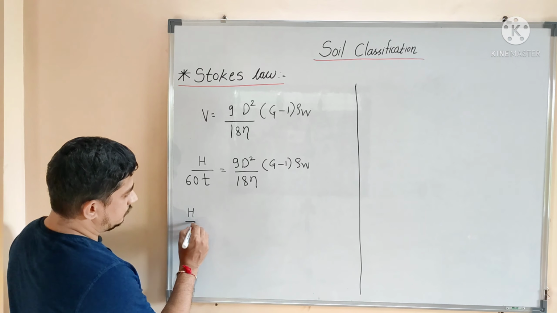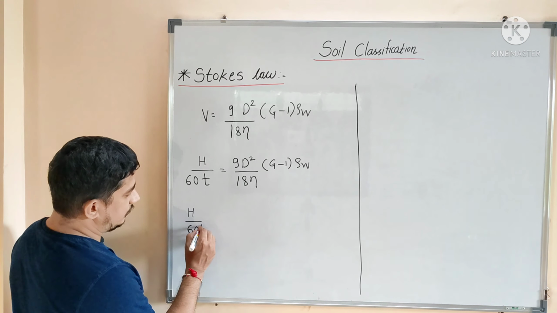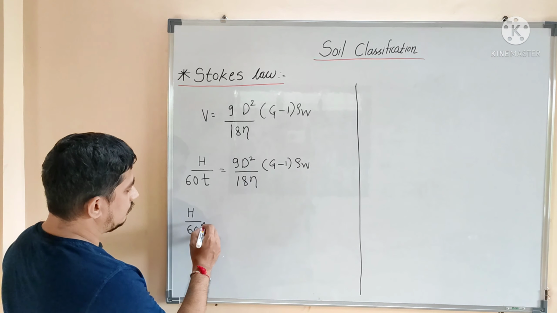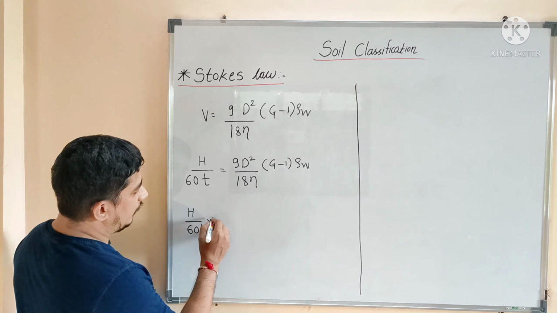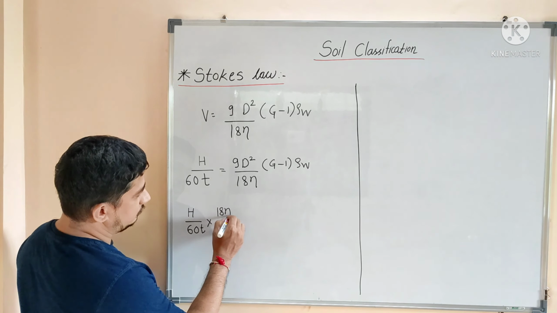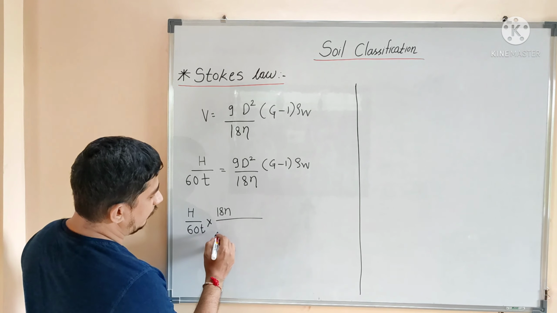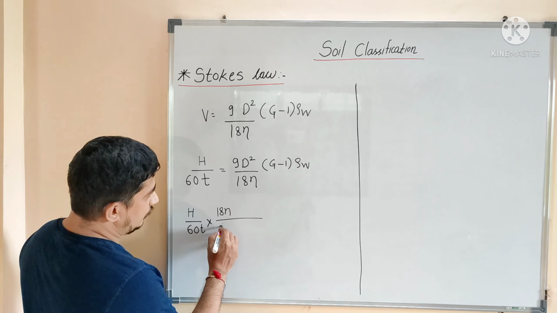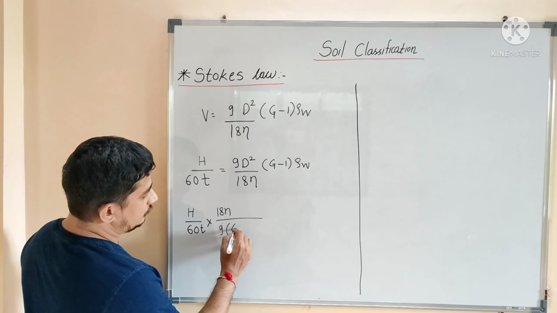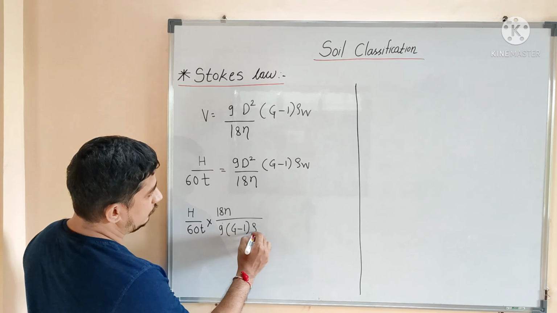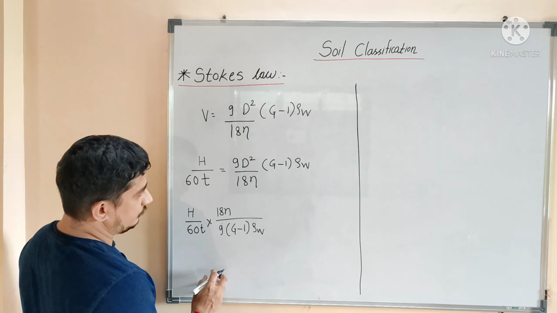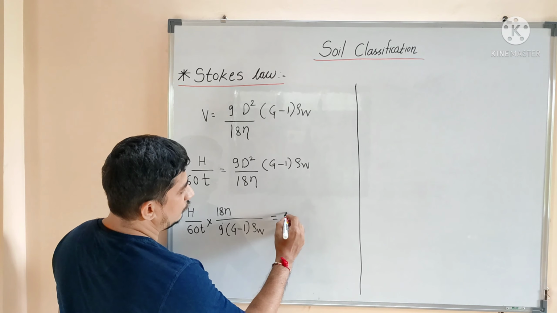h by 60 t as it is multiplied by 18 eta divided by g into capital G minus 1 multiplied by rho w is equal to d square.